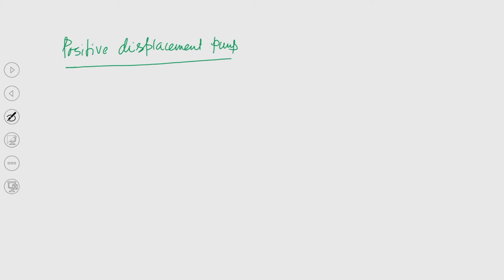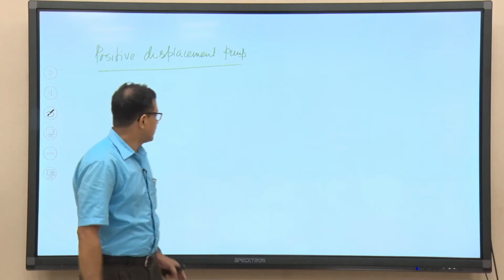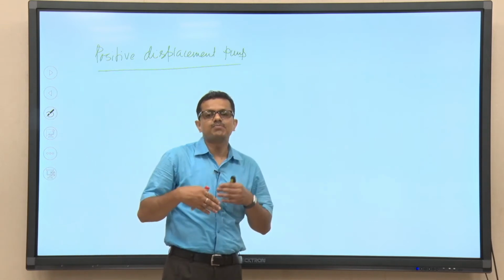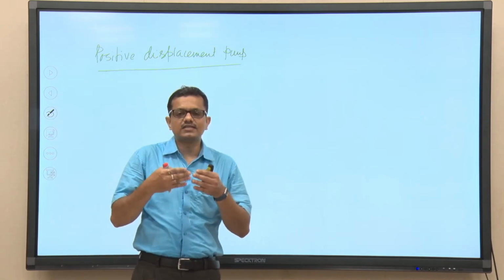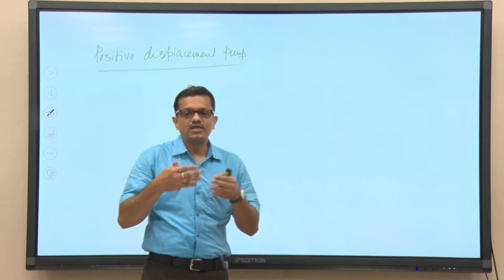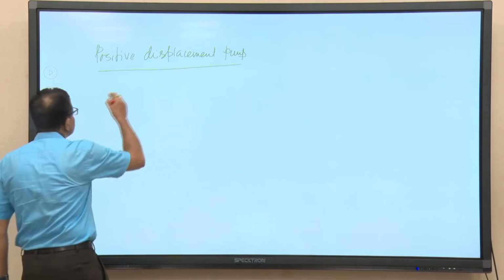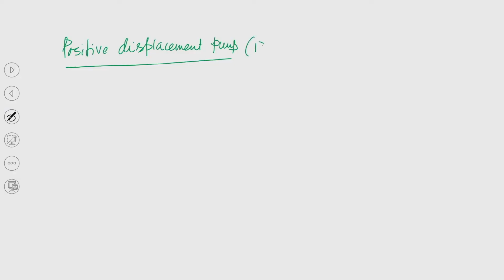Probably I have discussed that the functioning of these pumps is not exactly what we have learned about the functioning of rotodynamic pumps. In short, this is also known as PD pump.